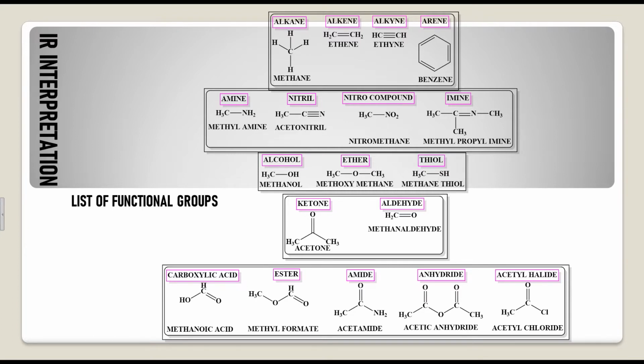Carboxylic acid, you already know, is RCOOH. Its derivatives are ester, amide, anhydride, and acetyl halide. Four derivatives are there for carboxylic acid. At least you must know these functional groups, and you have to keep them in your mind before interpreting the IR spectrum.